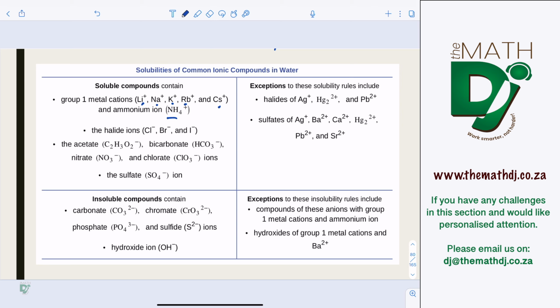They are soluble in water, and even these with the halides, for example, if you go here, these ones are soluble in water. Then acetate, which is this one, and bicarbonate. You can see nitrate, chlorate and sulfate. They are soluble in water when they are combined. Then the insoluble ones, you can see these ones.